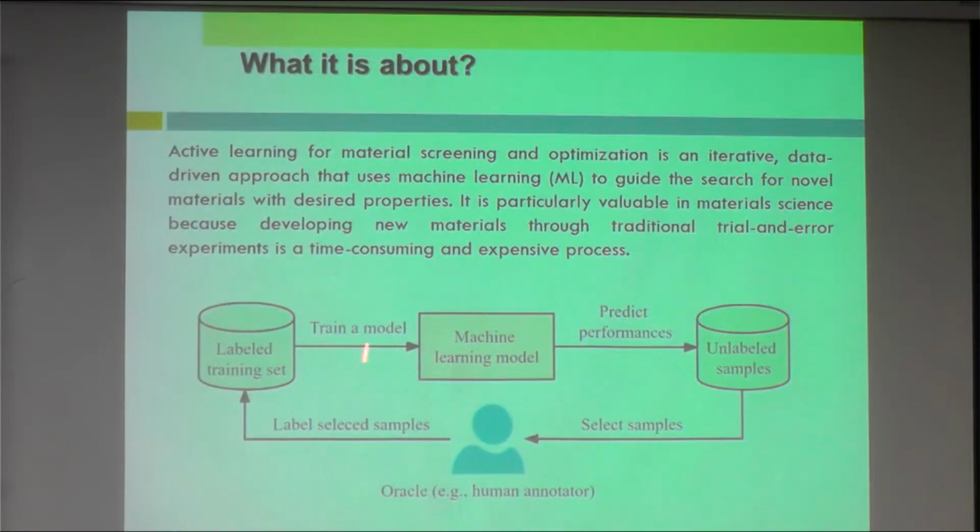So this can be an iterative loop, taking materials from unlabeled to labeled. You increase the number of labeled materials, getting samples from experimental or existing data, so that it can be looped. After some time, you will get the closest properties of the materials. That is roughly what happens in the active learning process.